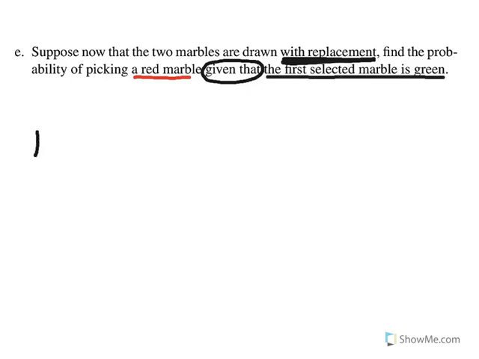So I will write it like this: probability of red marble on the second draw, given that the first one is green.